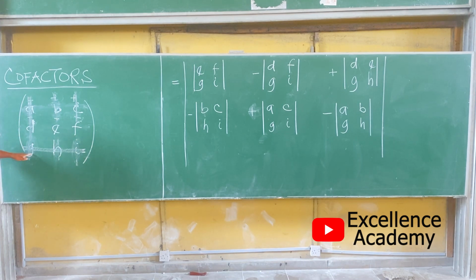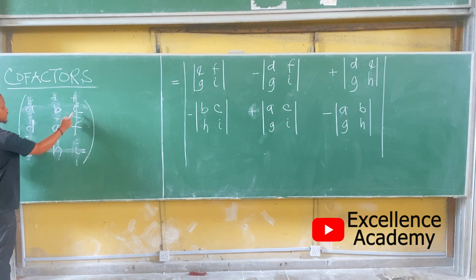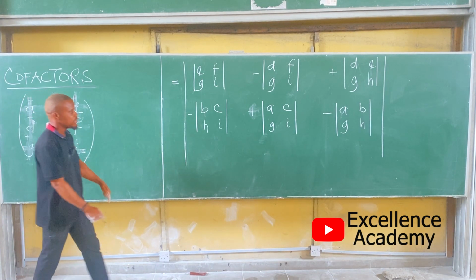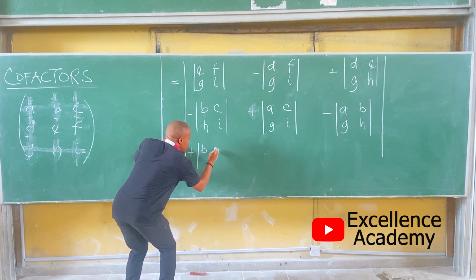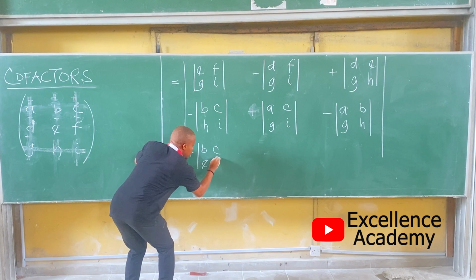So your G is appearing on your third row and first column. So what is left? Mind you, this is a positive sign, right? Plus B, C, E, F.